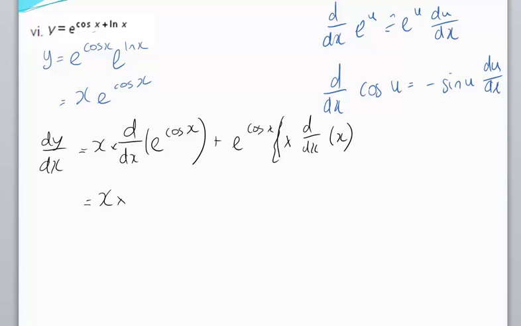So we write this one out here. It's going to stay as e to the cosine of x multiplied by du on dx, where this is our u at the top. So multiplied by d on dx of cosine of x here, plus e to the cosine of x, and here d on dx of x becomes 1.